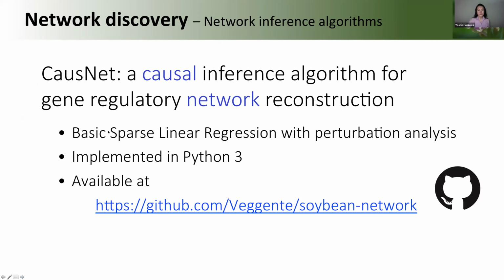So we first built an algorithmic package called CoSNet for causal inference of gene regulatory networks. Thanks to Bruce and Xiaohan, it incorporates sparse linear regression, but I'm going to pass the detailed explanation to Bruce and Xiaohan.